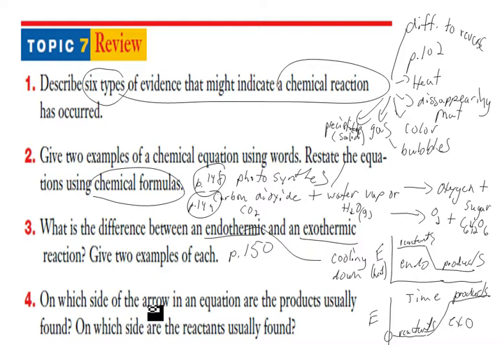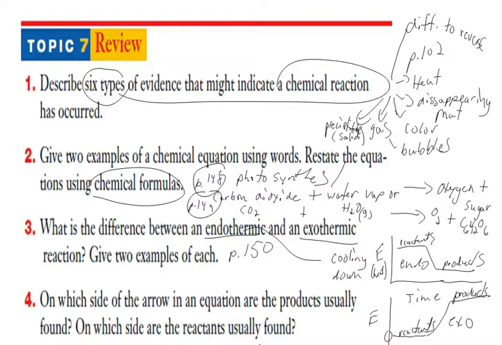In an equation, on which side are the products usually found? On which side are the reactants? So this should be a relatively easy one for you. Here's our chemical equation again. So our reactants are usually found on the left. Left is the reactants.